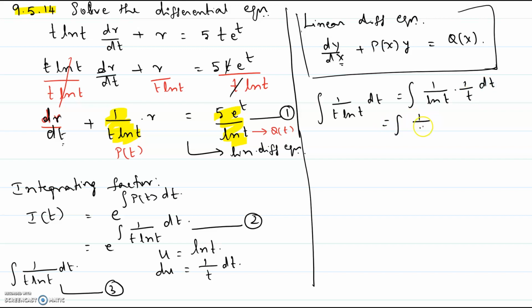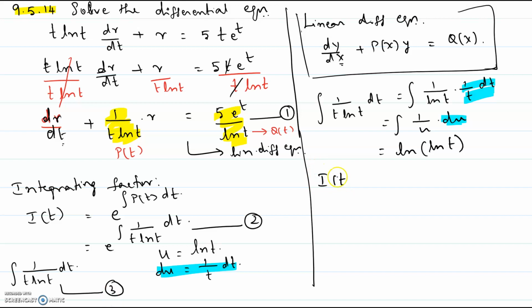It will be the integral of 1 over u du. So ultimately it becomes ln of u, or ln of t, because u is equal to ln of t. So that is integral 3.